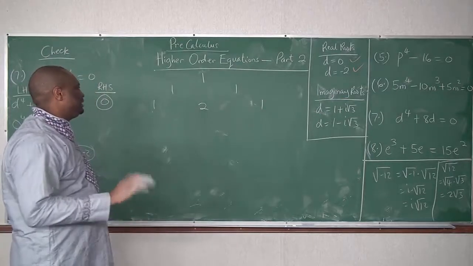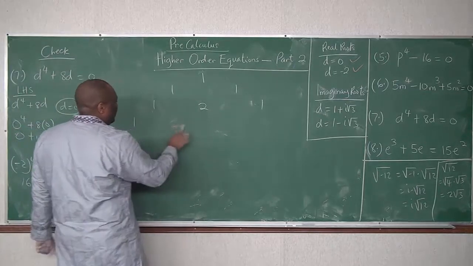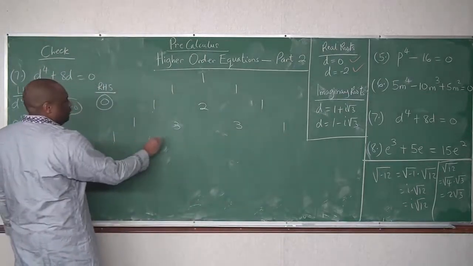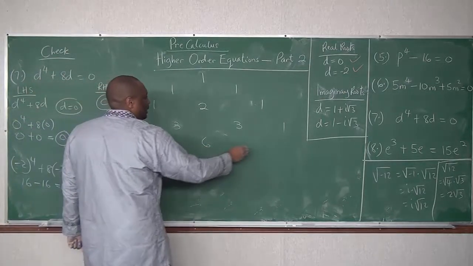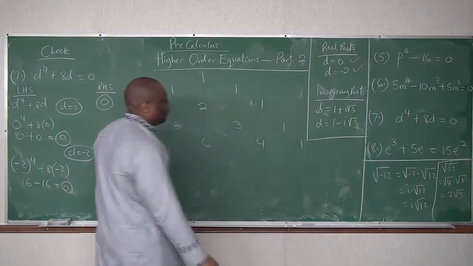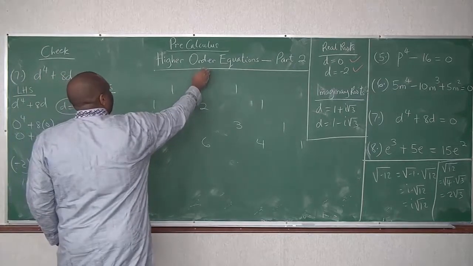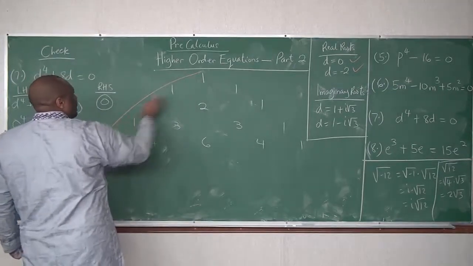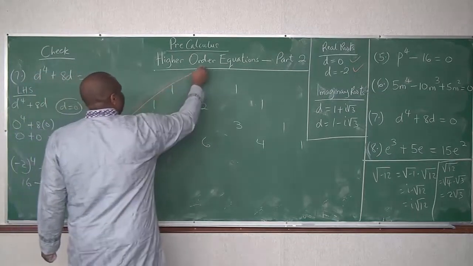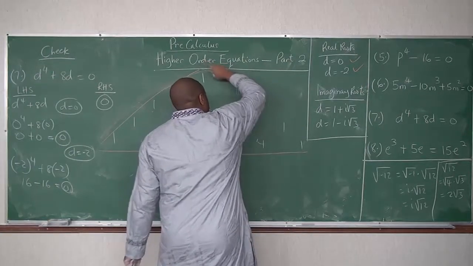But I want to make it easier for me. 1, 1, 1. 1, 2, 1. 1, 3, 3, 1, and then 1, 4, 6, 4, 1. Yeah, this is Pascal's triangle. See what you see? It kind of looks like a triangle. It makes it easier for me. You see that?